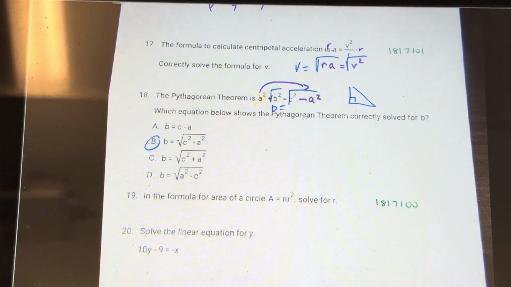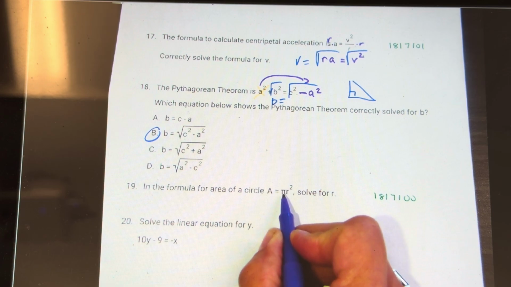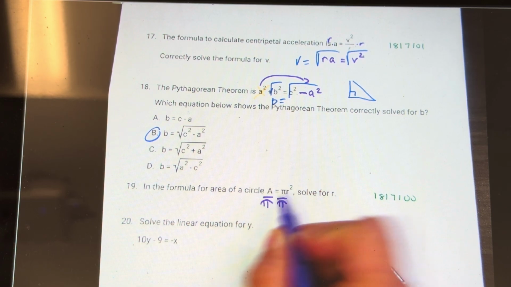19, formula for area. Area equals pi r squared. All these are just numbers. Area is a number, pi is a number, r squared is a number. Pi is a very large number, a large decimal. It continues for a long time. And we are solving for r. So same thing. Multiplying times pi is dividing. Whatever you do to one side, you do to the other.